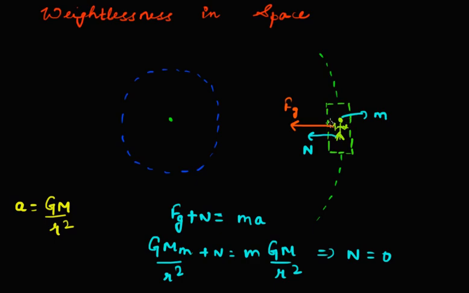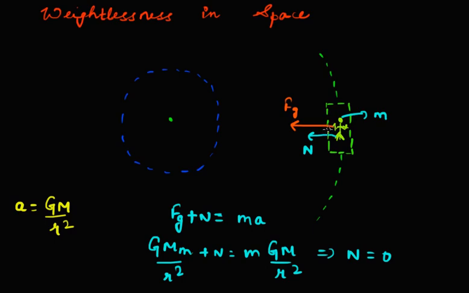So for an object to be in a state of weightlessness, the frame of reference in which the object is there should be in a circular motion, and the only external force on the object or the frame of reference should be the force due to gravity. If these two conditions are fulfilled, then we can have a state of weightlessness, as we are seeing in this astronaut and ISS, International Space Station example.